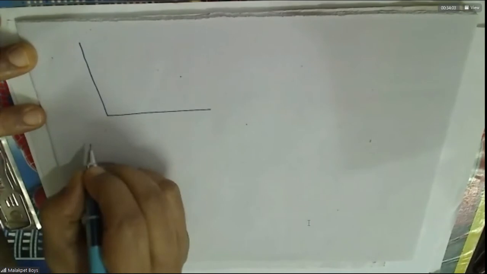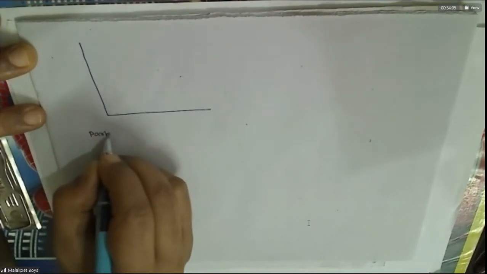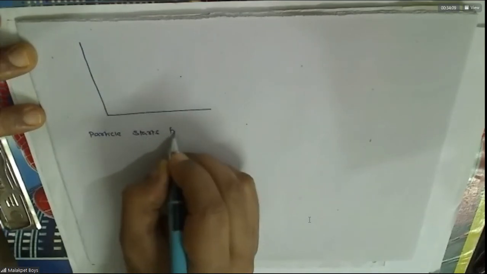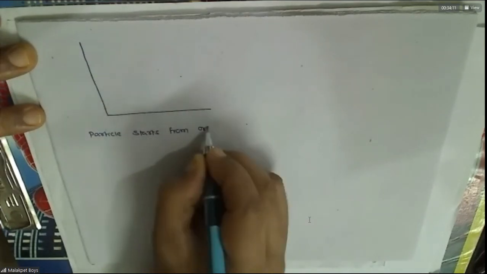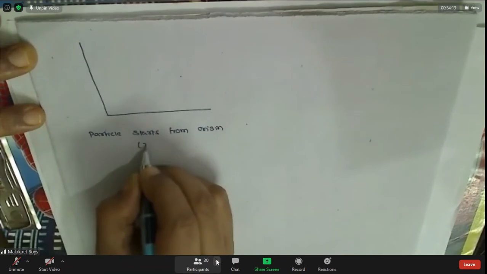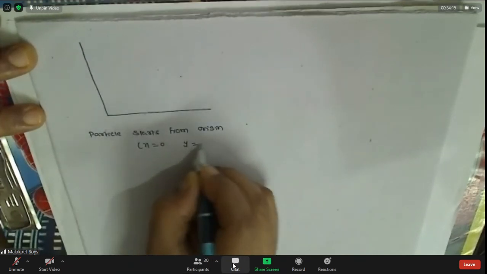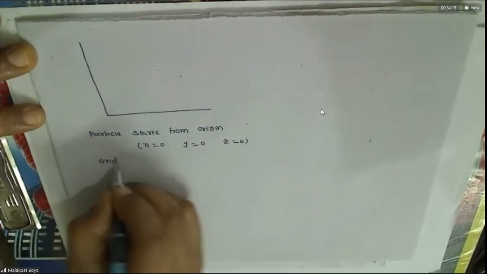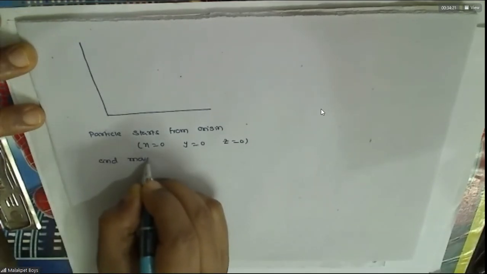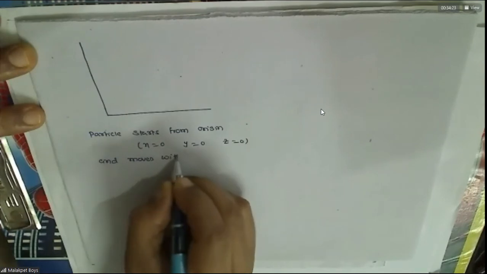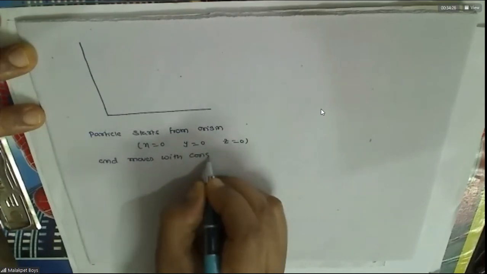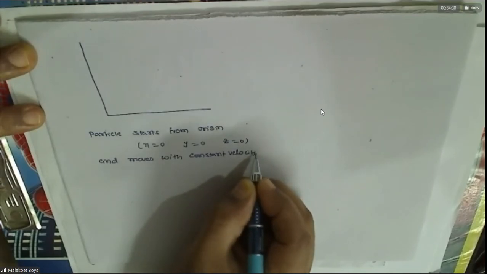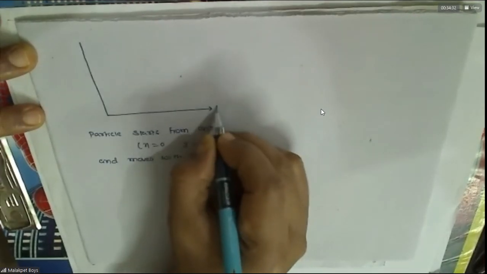See here, the particle starts from origin. Origin means x is 0, y is 0, z is 0. This is t.